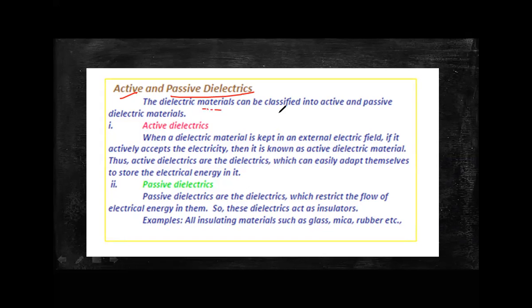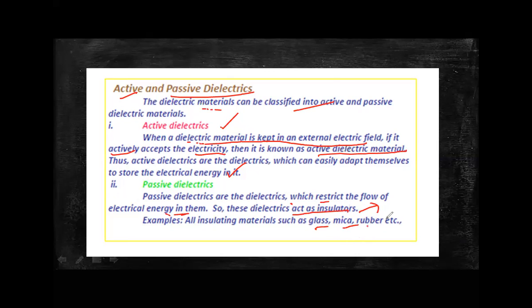So dielectric materials are classified into two types, active and passive. Active: when the dielectric material is kept in an external field, if it conducts, if it activates when you apply the electricity, we call it an active dielectric material. Even when you apply the electric field, if they don't conduct, if they don't show any charges, and still behave like insulators, we call it passive.